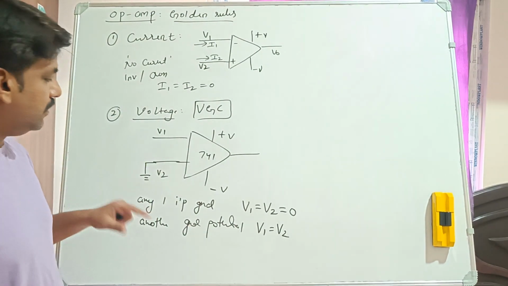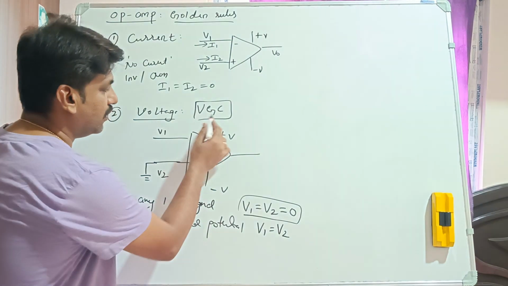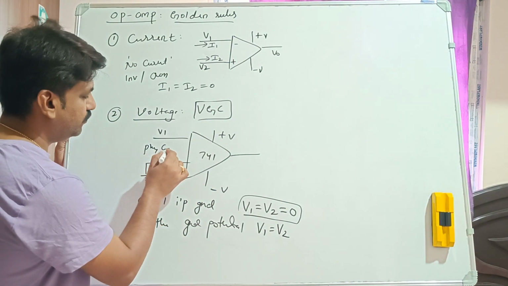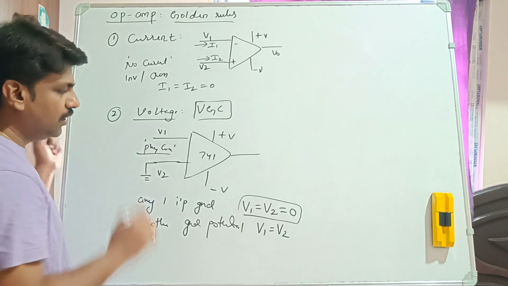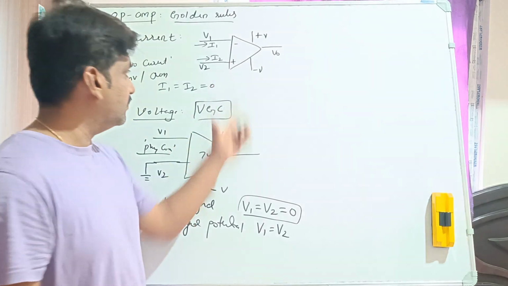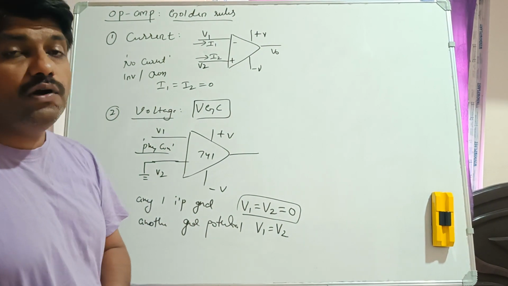Both the inputs are equal. Sometimes we call it this from the concept of virtual ground. So even though there is no physical connection between these two, we should consider the voltages as 0. So that is the concept of current as well as voltage with respect to the golden rules of op-amp.